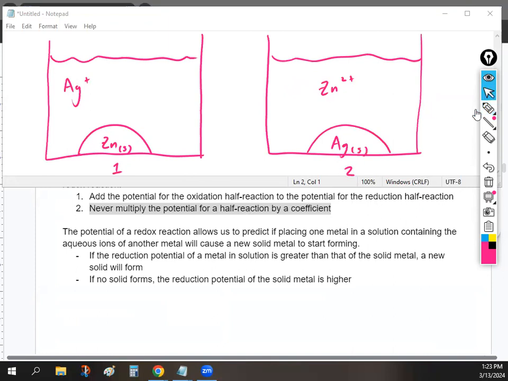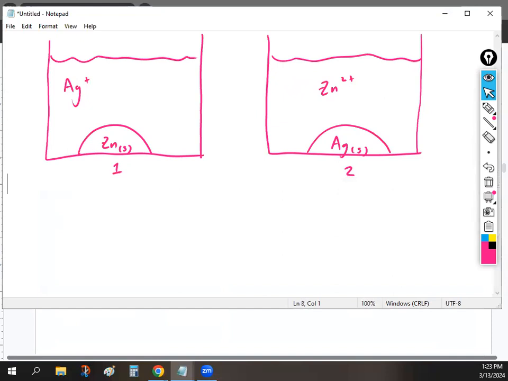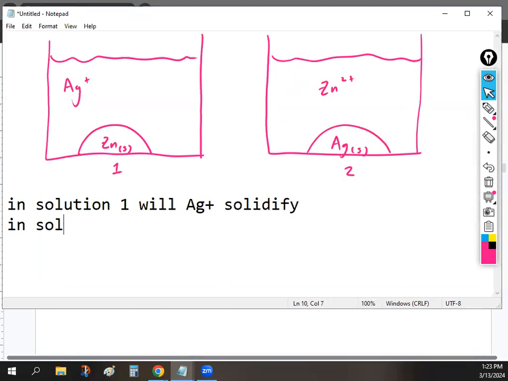And then the question they will ask you in the problem is, in solution 1, will Ag+ solidify? And the other option will be, in solution 2, will Zn2+ solidify?